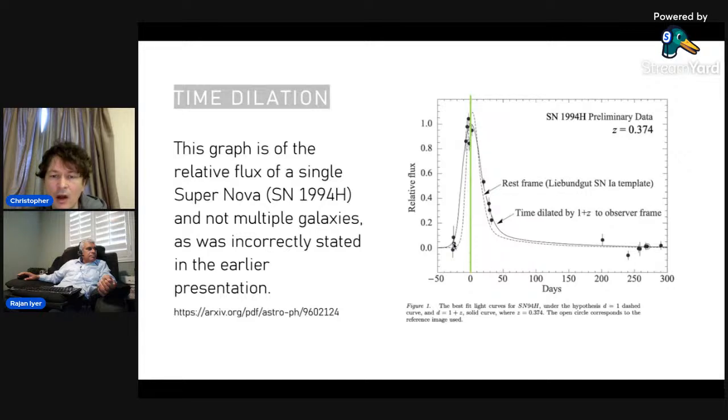So I was looking for the point at which the redshift was 0, which would equal the hypersphere surface. More importantly, I was interested in the distance to the Earth, the blue shift distance essentially. But it actually turns out that these are the relative flux of a single supernova called SN 1994H, so this is not useful in any sense. This is just a range of possible time dilation effects that we might see.